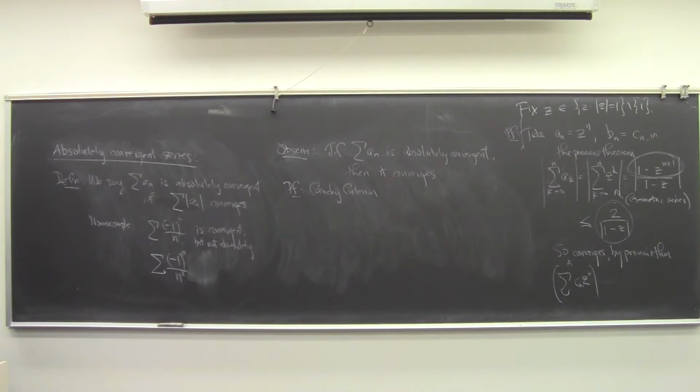So that's Cauchy Criterion. If it's convergent, then it has to be Cauchy. Is it convergent always? Depending on the metric space. But we definitely know that convergent implies Cauchy.